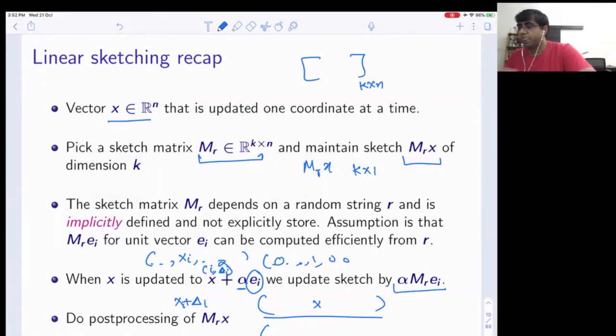So what it meant is that not only given this x which we are keeping as a sketch, we can also update the sketch with the help of this M by getting these entries on the fly, and then we do post-processing of Mx. This is how linear sketching worked in general.